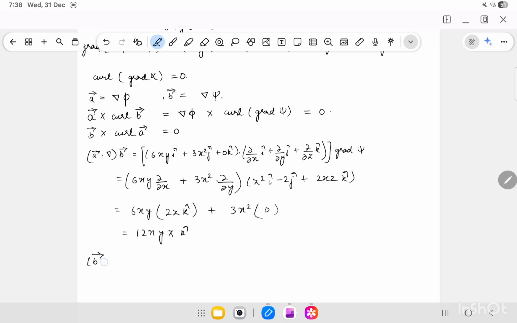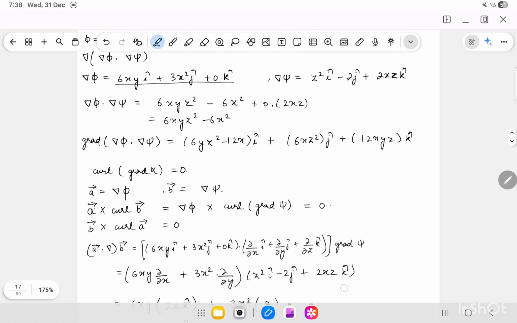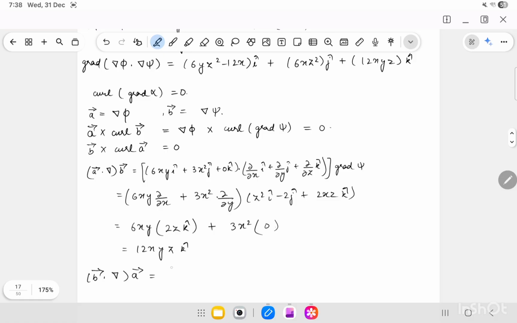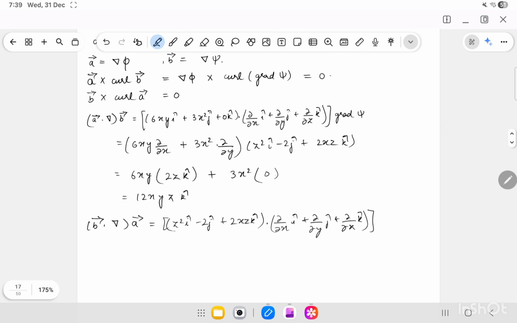Likewise, if I evaluate the other term, my b vector is grad psi, which is z square I cap minus 2j cap plus 2xz k cap, dot del by del x I cap plus del by del y j cap plus del by del z k cap, multiplied with grad phi.